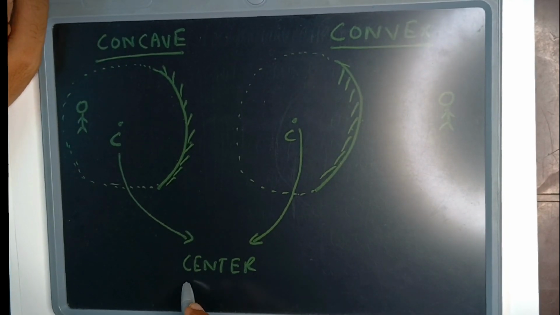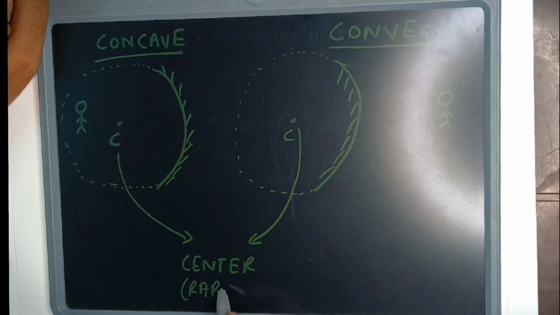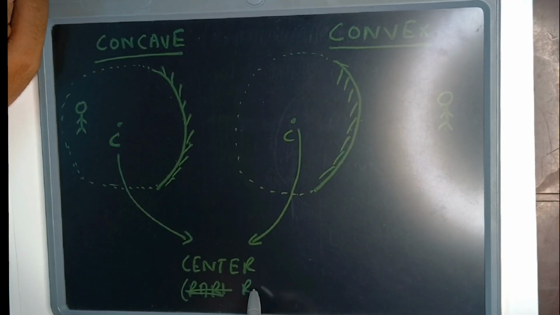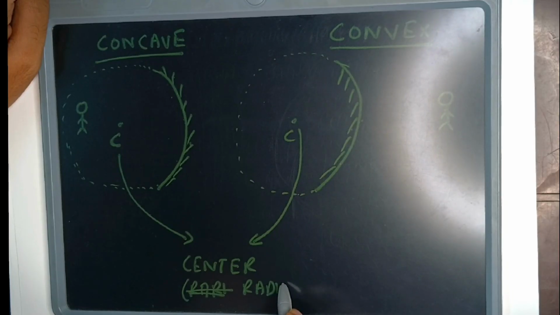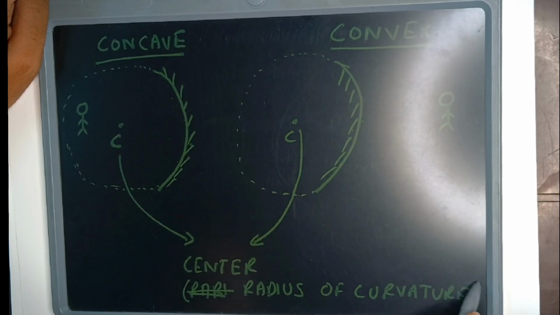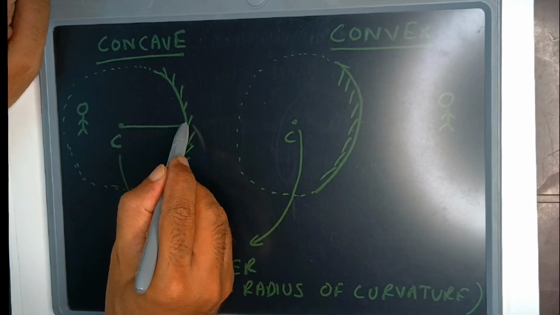It's also called the radius of curvature. Pardon the spelling. Radius of curvature is the distance from here to here.